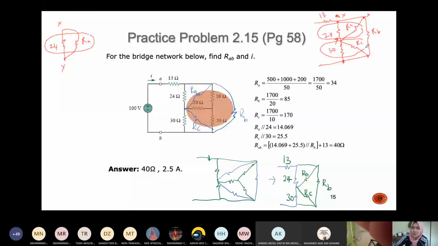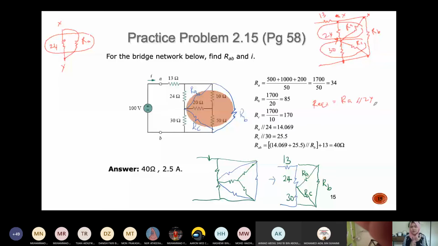RC and 30 ohm is in parallel. So for example, I call this R equivalent 1. So R equivalent 1 is equal to RA parallel with 24. R equivalent 2 is RC parallel with 30.